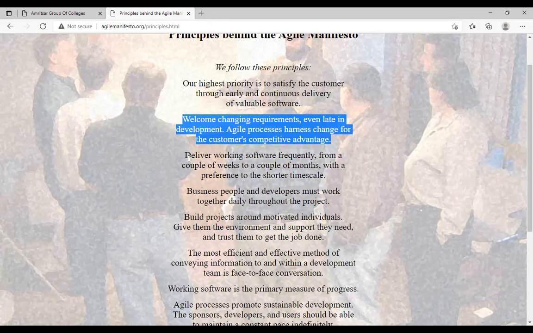With a survey of some IT industry, it is found that approximately 30% of the business needs change when the product is being developed. In between the development phase, 30% of the business needs change. If there is a change in 30% of the business needs, and we are following a traditional model, then there is a loss.